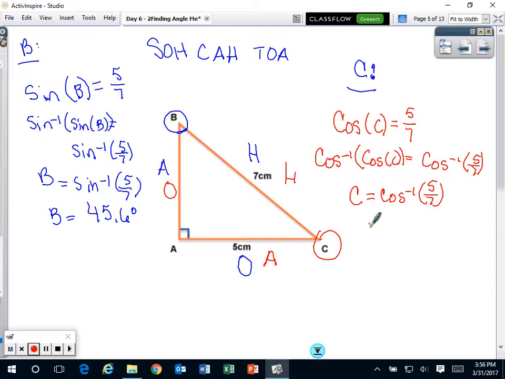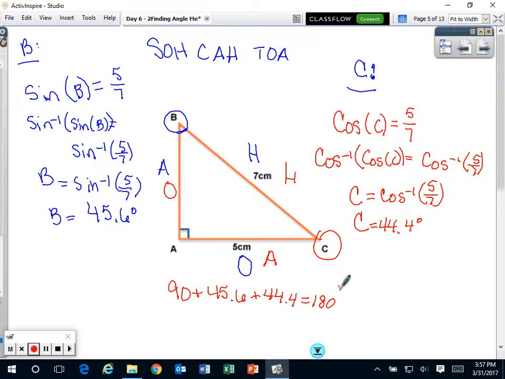When I type that into the calculator, second button, then the cosine button, and then 5 divided by 7, we get 44.4. So C equals 44.4 degrees. Now, a way to check myself: 90 plus what we got for B, 45.6, plus 44.4 should equal 180.